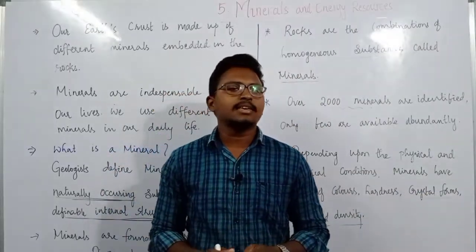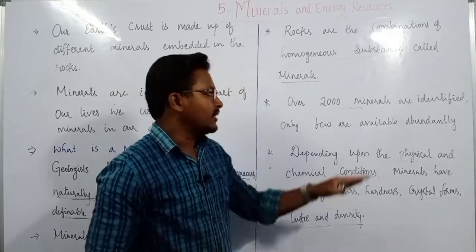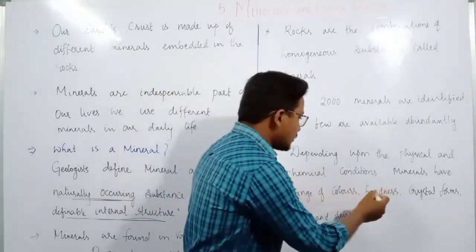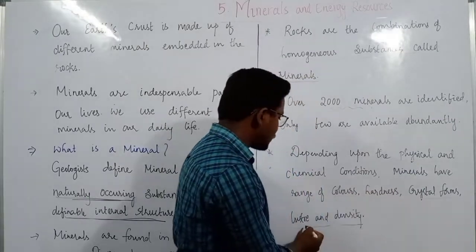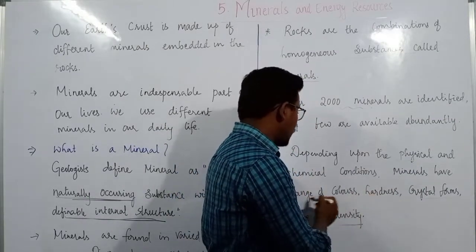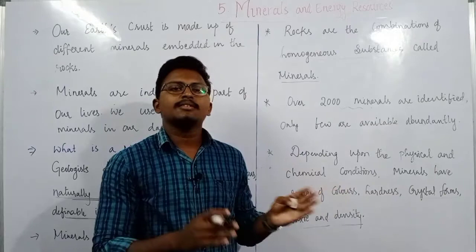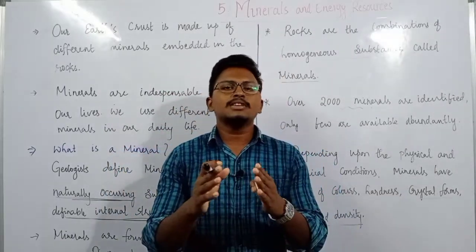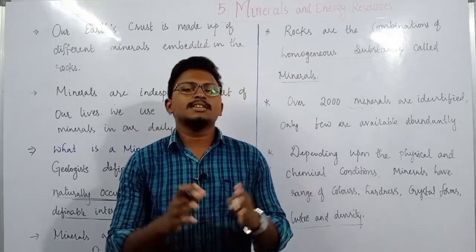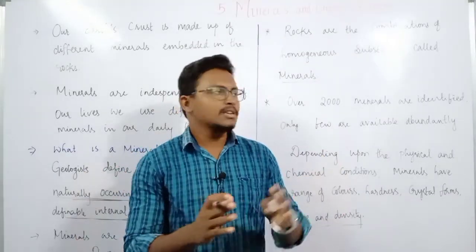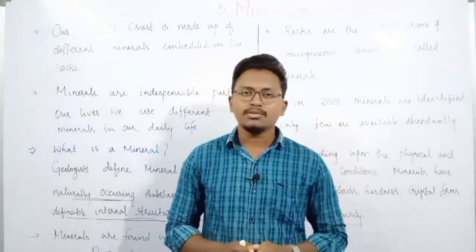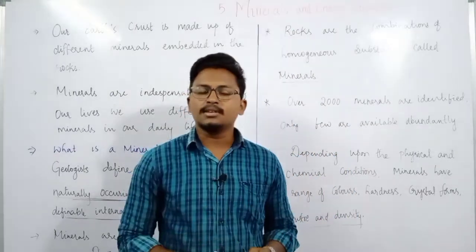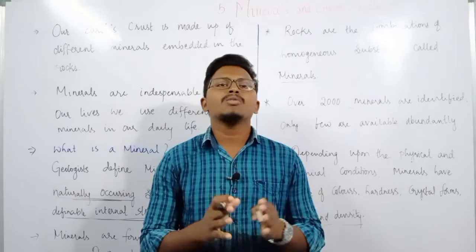Depending upon the color, crystal forms, luster, density and other things, we classify these minerals. Now we will see what these different types of minerals are. Of course, we have more than 2000 types of minerals, but only a few are going to be discussed in this chapter, and how they are classified.